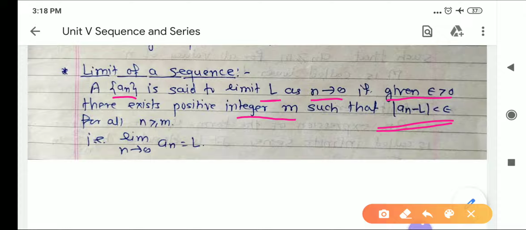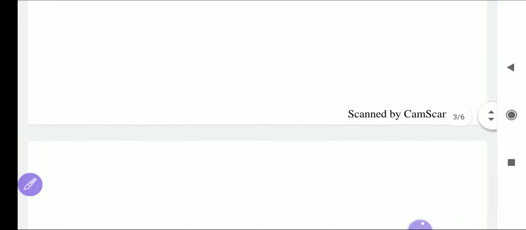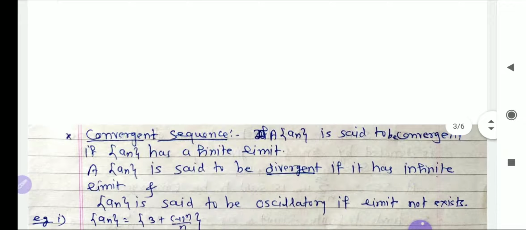The epsilon is a very small quantity. In simple language, what is the meaning of these two sentences? That is, limit n tends to infinity an is equal to L, then we can say that L is the limit of that sequence.